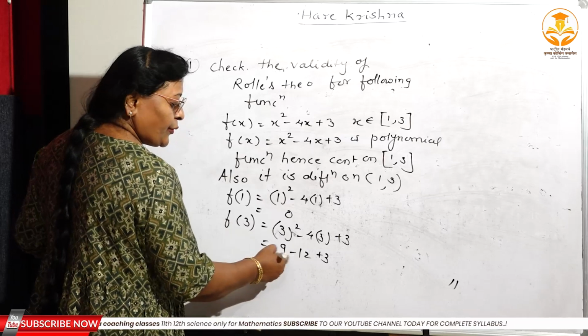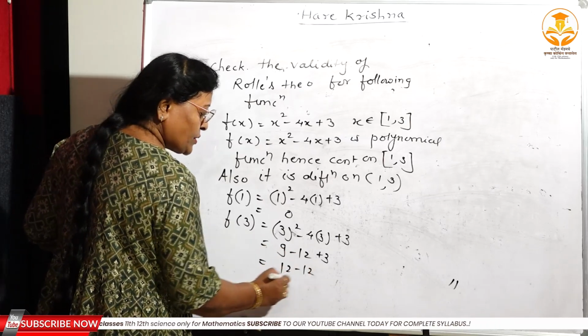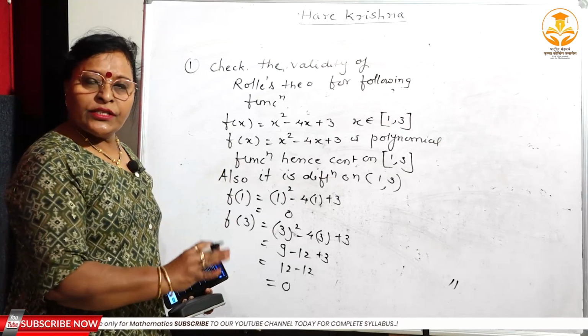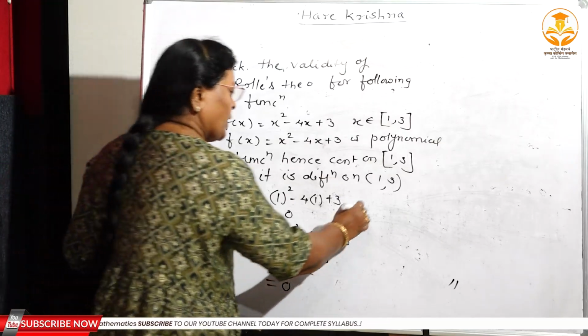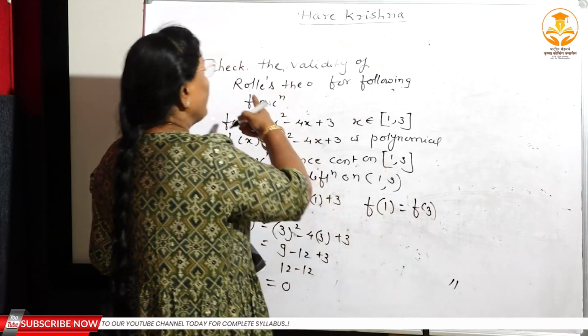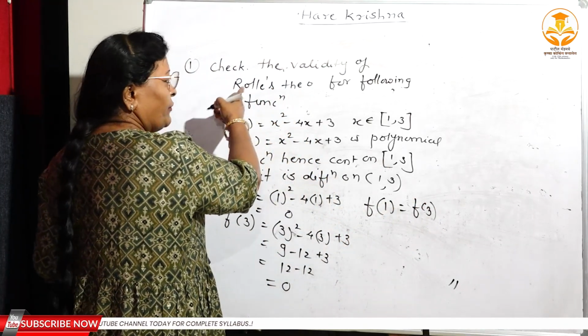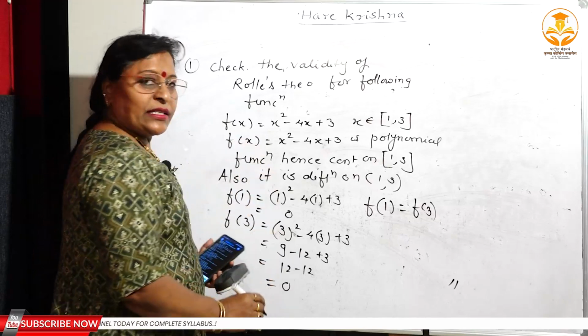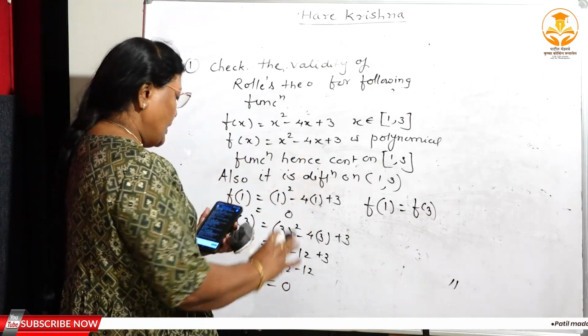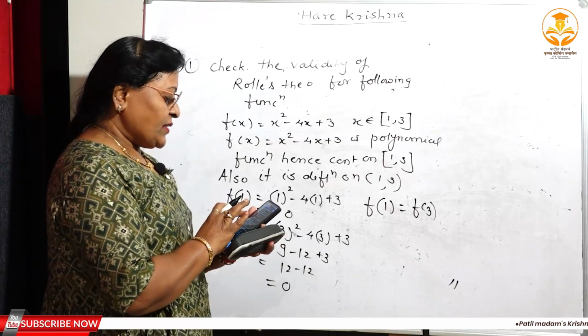Therefore 9 plus 3 is 12, and 12 minus 12 is 0. The function is continuous, it is differentiable, and the third condition, f of 1 is equal to f of 3. Therefore the validity of Rolle's theorem gets satisfied here, because the three conditions are satisfied.